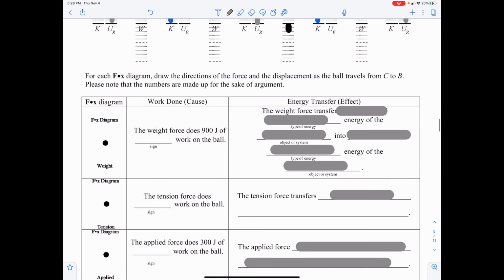For each force displacement diagram, draw the direction of the force and the displacement of the ball as it travels from C to B. Please note that the numbers are made up for the sake of the argument.